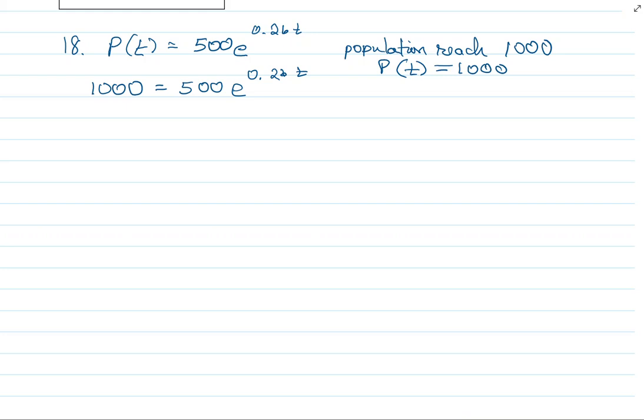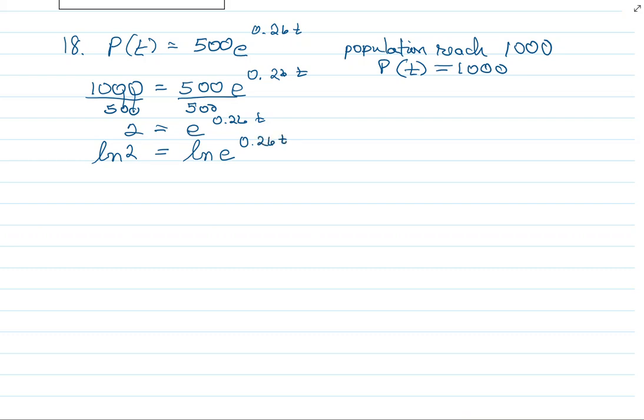Is everybody comfortable? Okay, so we're going to first divide by that 500. So we're going to get 2 equals e to the 2600s t. We're doing natural log. So natural log of 2 equals natural log of e to the 2600s t.